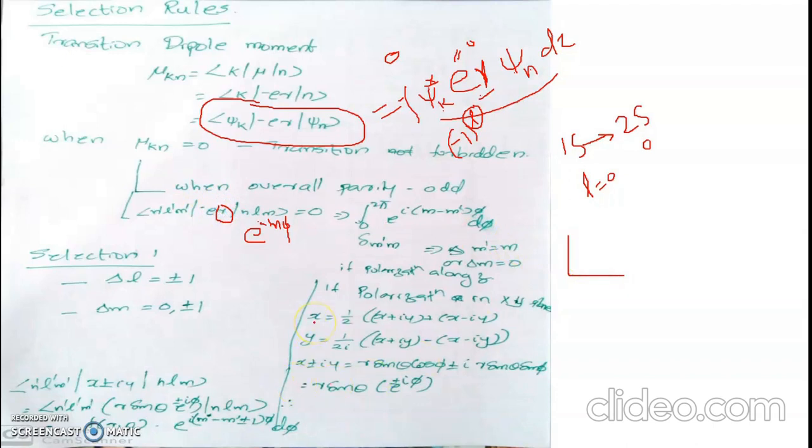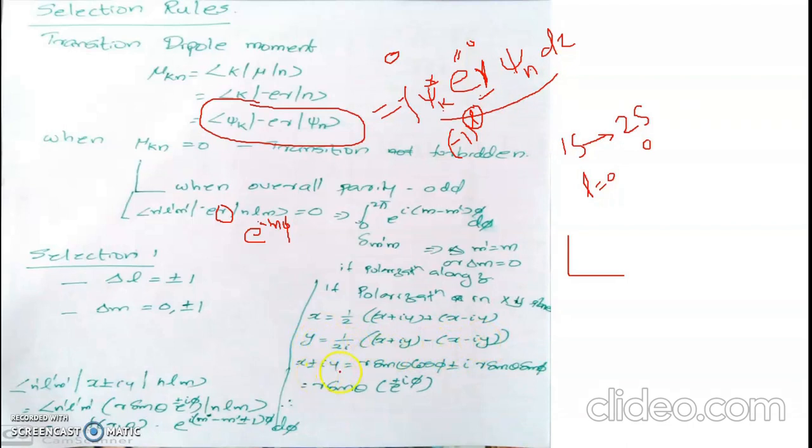For that you consider x as equal to 1 by 2 into (x plus iy plus x minus iy). The iy vanishes, this is 2x by 2, which is equal to x, and y can be written as 1 by 2i into (x plus iy minus x minus iy), that's equal to y. The x vanishes, and iy plus iy makes 2iy by 2i, which is y.